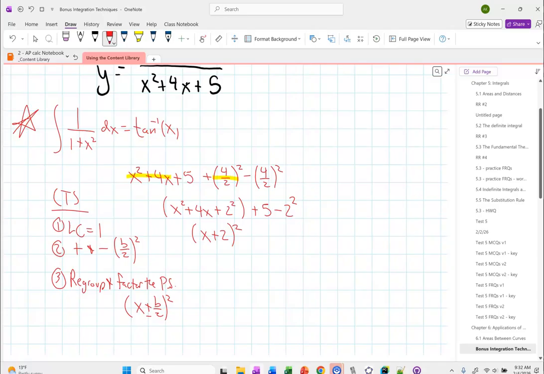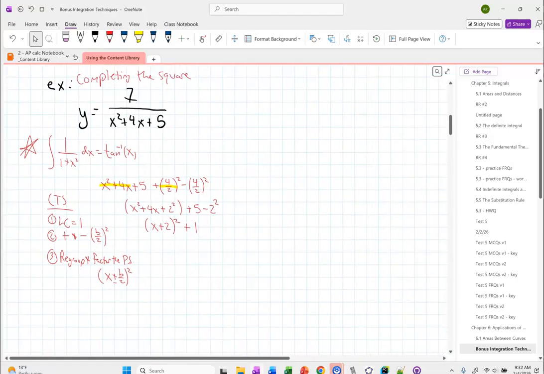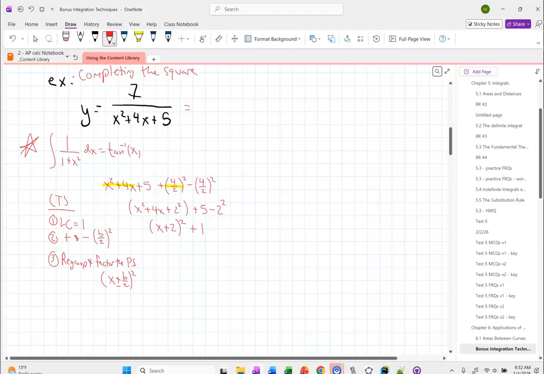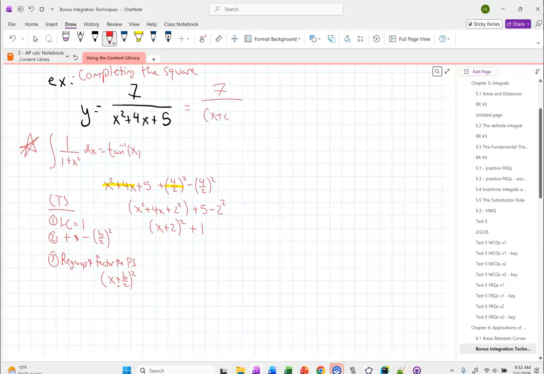And then combining here, 5 minus 4 is 1. So I have that, right?